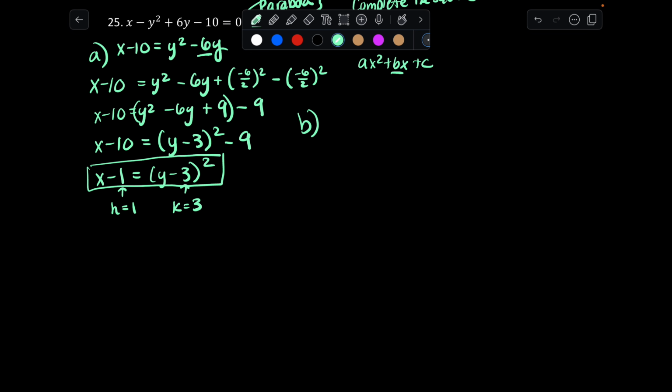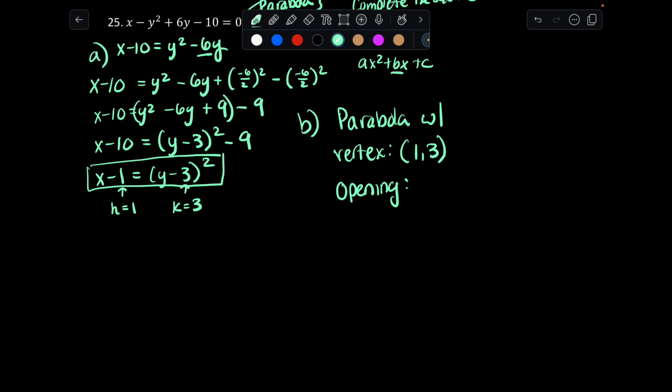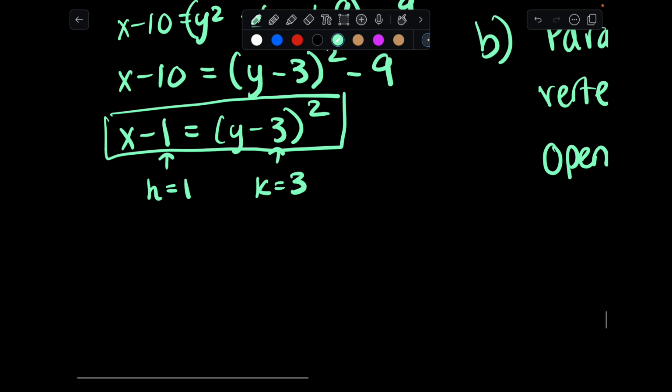So for part B, we have a parabola with a vertex located at 1, 3. And we know which way it's opening based on standard form. I see that it is y squared. So if it's y squared and positive x, if I think about my basic parabola, and maybe that's what you have to go back to, I have y equals x squared.